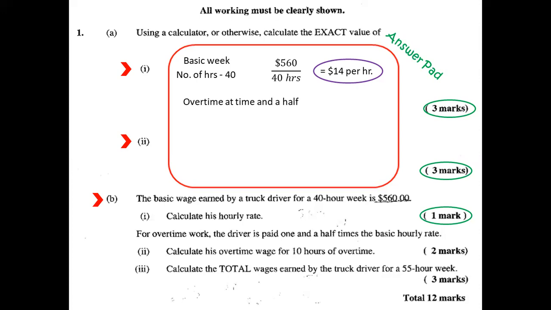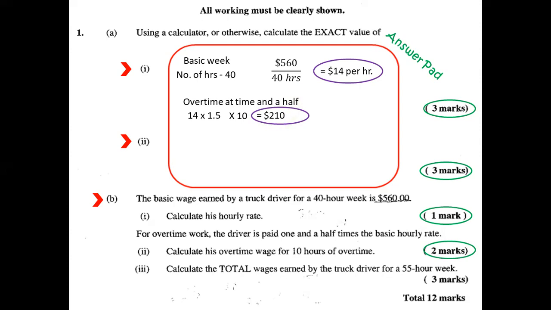But for this question, the overtime rate is time and a half, which means for the $14 per hour, you'd multiply by 1.5. And then you multiply by the number of hours you would have worked overtime. So for this question, the answer is $210 for the 10 hours worked overtime. We get 2 marks for that one, right?